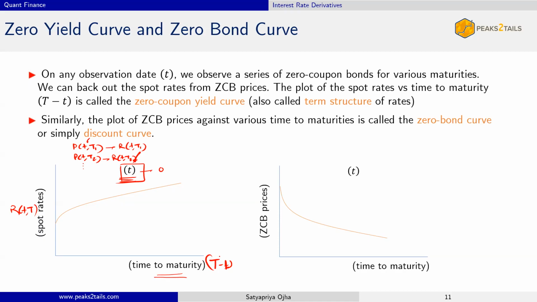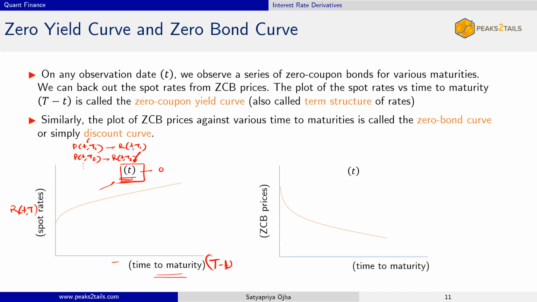Okay. Time to maturity. 2 years, 3 years, 5 months. We are not plotting calendar dates on the x-axis. We are not saying on March 31st, this is the rate. No. Time to maturity, which is in some year fraction. The reason I like to keep small t here is this is the scene today.